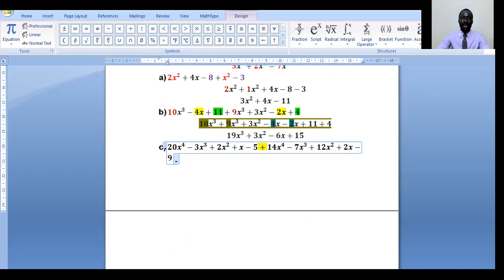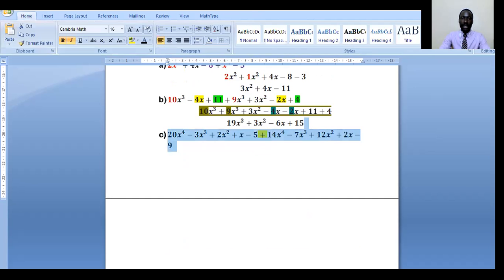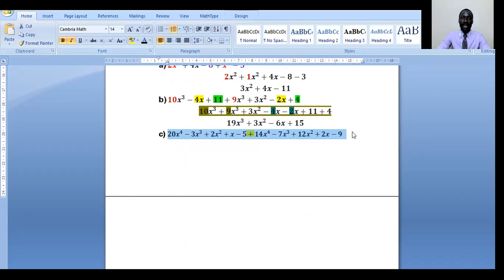Now, I'm just going to reduce the font size a little bit so that we can have it in one line. Yes. First thing first, collection of like terms, meaning grouping terms that look alike together, terms that have similar variables: x cubed, x exponent 4, x squared, and just x.